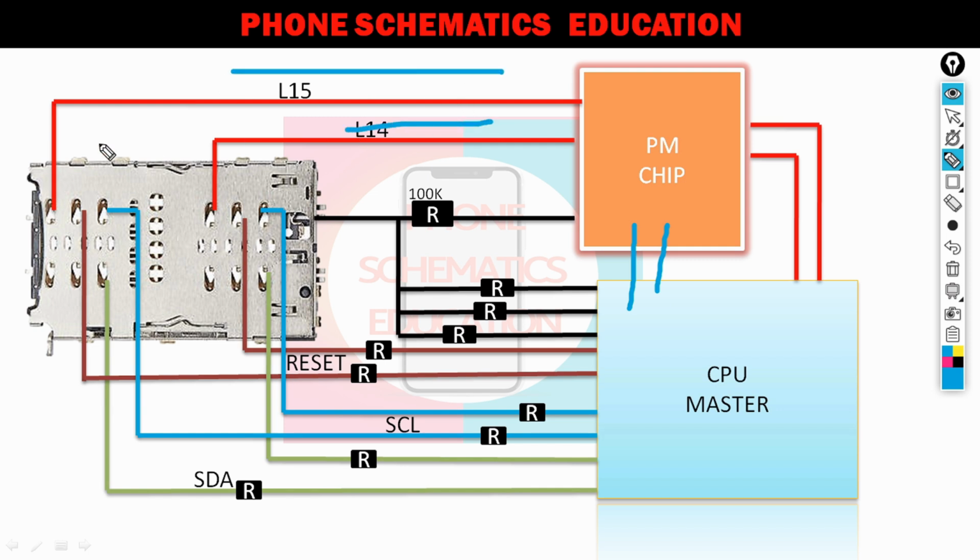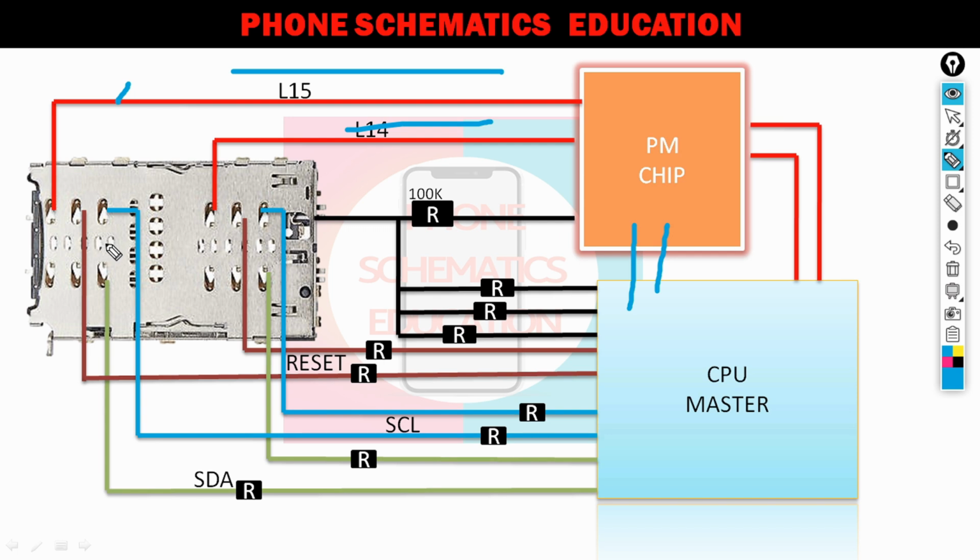After this, the power IC puts its voltage here, right? So when there is a SIM and the CPU finds this SIM, right? So the CPU, what are the voltages? Suppose there is a SIM 1, right, and there is no SD card and no SIM 2.